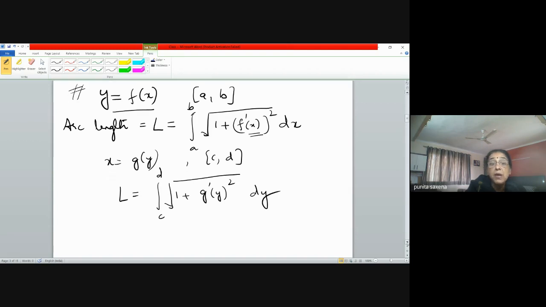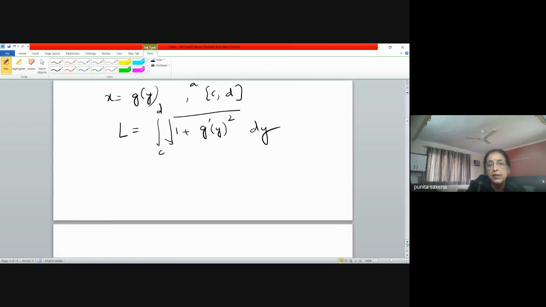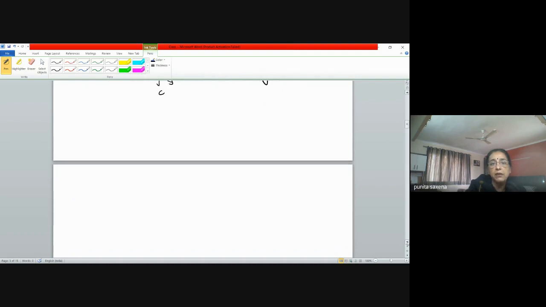Similarly, if your curve is parametric, हमने तो हर तरह का curve पढ़ा है, right? So if I have parametric curves, say x equal to f(t) and y equal to g(t), and you know that your t varies from t1 to t2. If this is your curve, okay, then also we can find the arc length here, and the arc length for this will be given by integral t1 to t2 under the root.